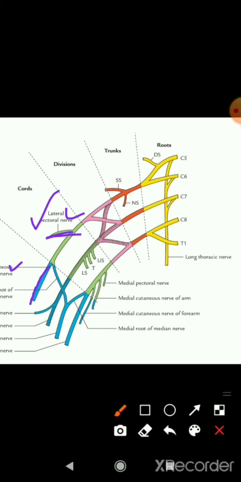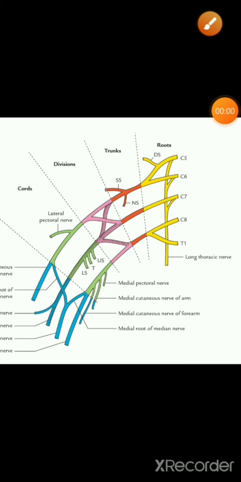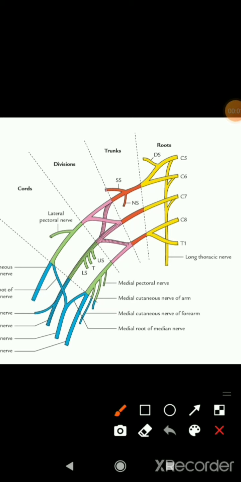And number three is the lateral root of the median nerve. So three branches come from the lateral cord: lateral pectoral nerve, musculocutaneous nerve and lateral root of the median nerve.